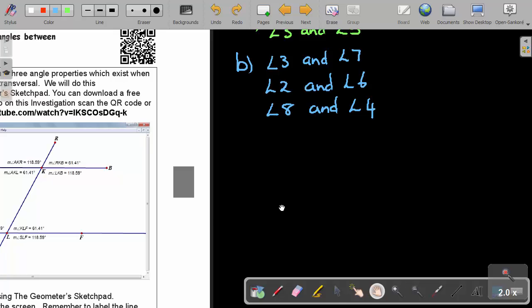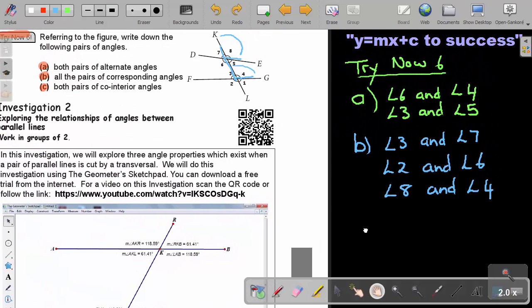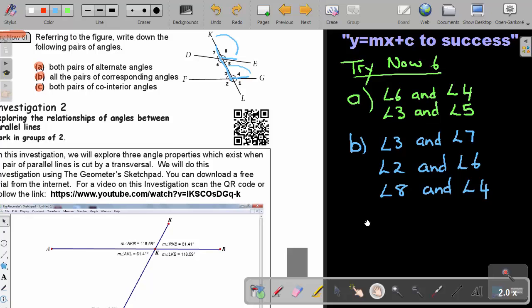Let's see if it's going to work. Yes. Then you can see a little bit better. Okay, angle 8 and angle 4. And now the last one. Let's just clean it. There's my F. So it will be angle 1 and angle 5.